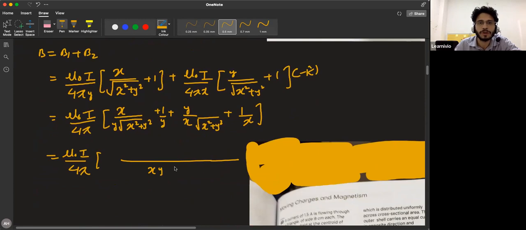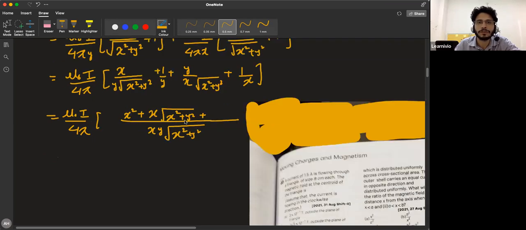LCM will be xy into root over x square plus y square. So we have x square here. We have x into root over x square plus y square here. And this x will cancel out, y square here. And we have y into root over x square plus y square here.